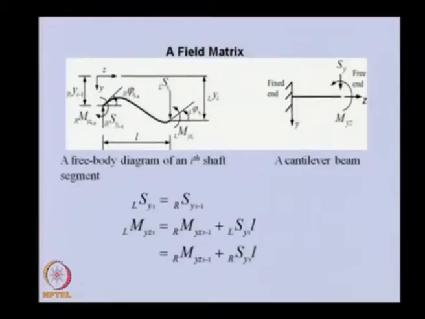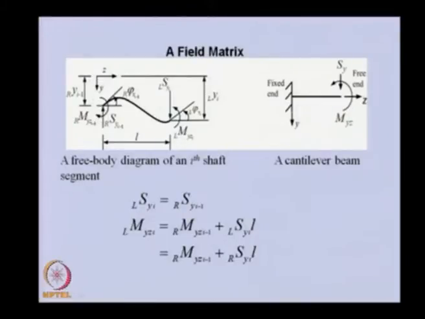Now, if we want to develop the field matrix, this is basically a particular shaft segment, the ith shaft segment. In this we have the z axis along the shaft axis, and y in the transverse direction.